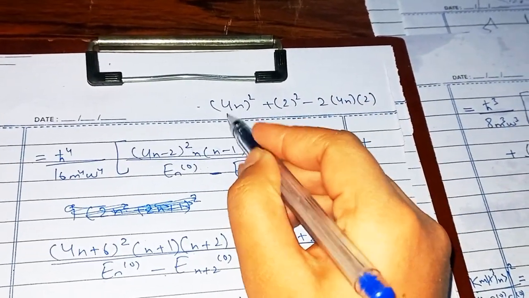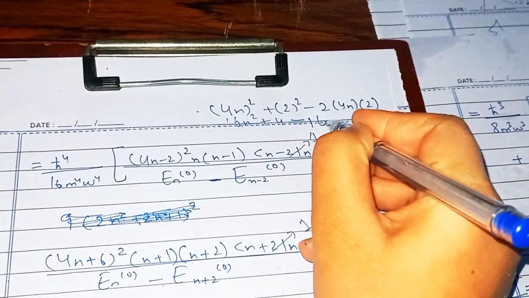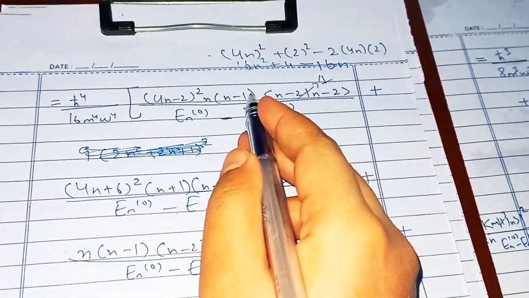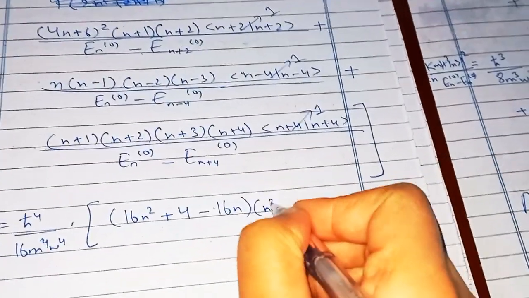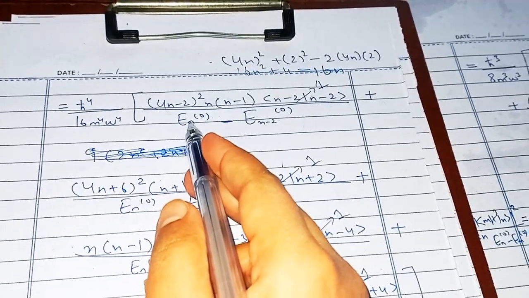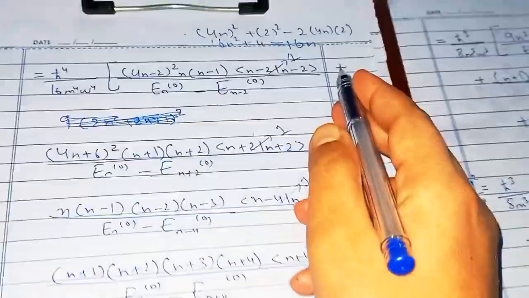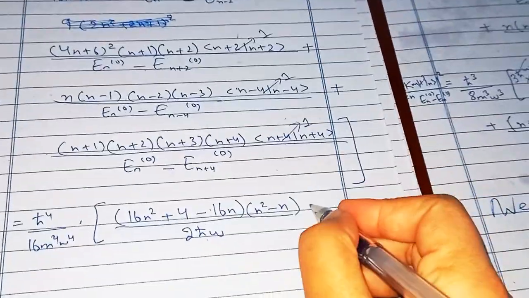So we write 16n square plus 4 minus 2, 4s are 8, 8 2s are 16, and minus 16n. Then we have n into n minus 1, multiply n inside, so it's n square minus n. This was 1, so we don't need to write it, divided by 2 h cut omega, it was equal to 2 h cut omega. Then plus sign.